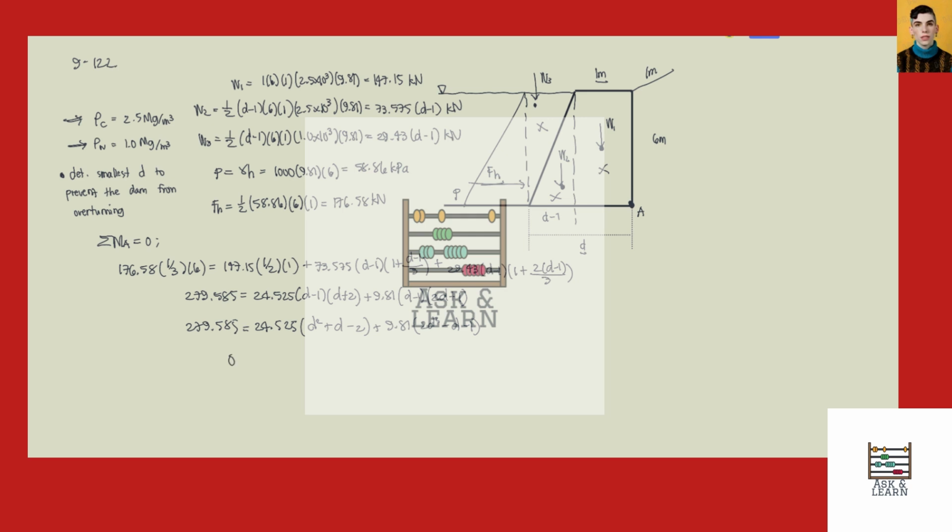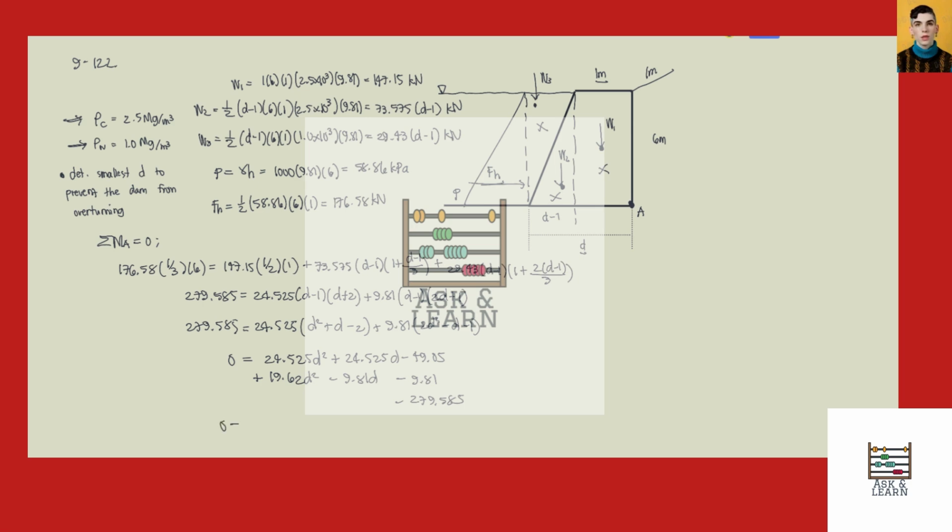So we have 0 equals 24.525 d squared plus 24.525d minus 49.05 plus 19.62d squared minus 9.81d minus 9.81 minus 279.585.